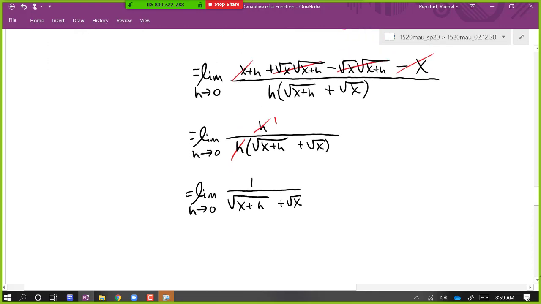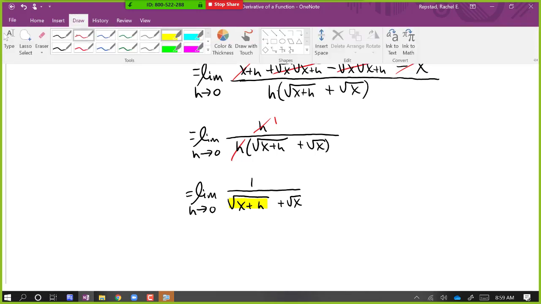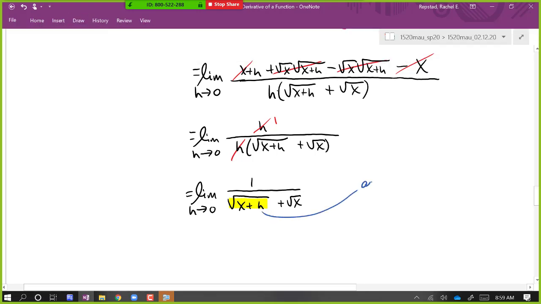Now, in the bottom, there again, an h appears, but it's not a factor of h, so I'm not worried about it. If h approaches 0, then root x plus h just approaches root x. So now let's let h approach 0.